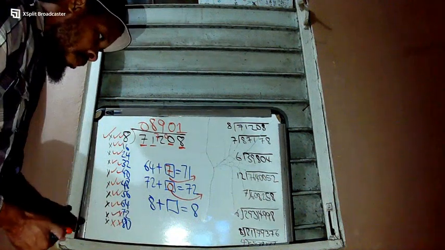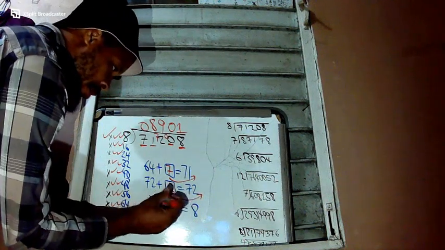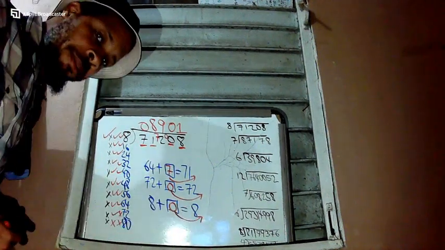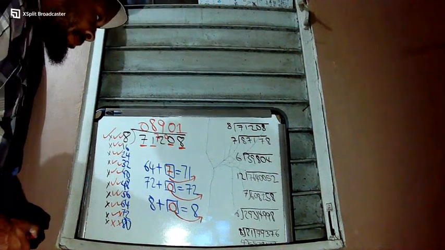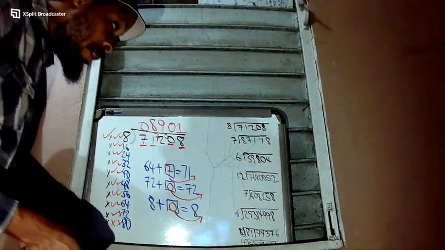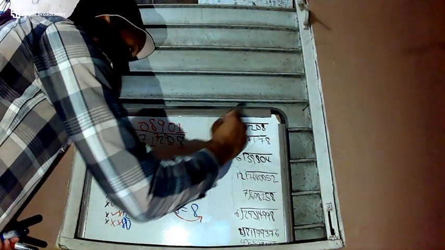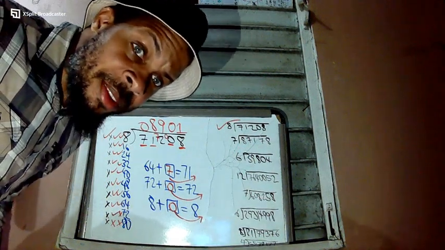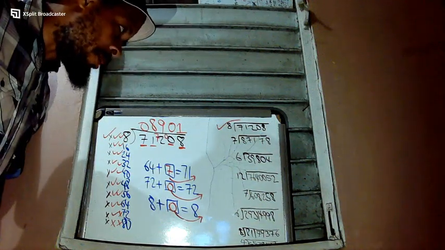What is that number? That number is going to be 0, and of course that is your remainder. That's your remainder. So we're literally done with that. Not sure how quickly we got done with that.